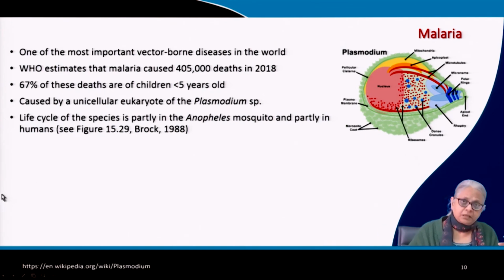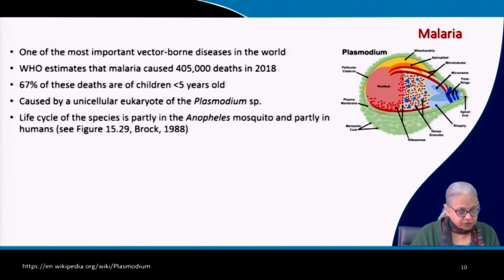So when a mosquito has these haploid cells in its gut, in its blood, these gametes, both the male as well as the female, will be fertilized. They will produce the zygote. The zygote is diploid, and this diploid zygote will grow and result in what are called sporozoites.